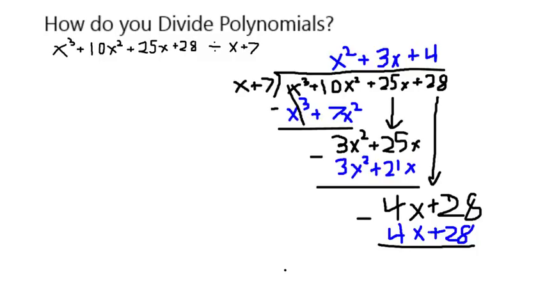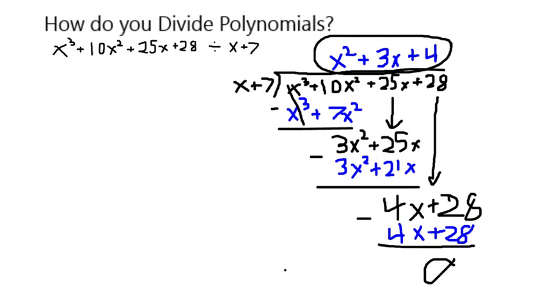So now when I subtract, 4x minus 4x is 0, 28 minus 28 is 0, I'm left with a remainder of 0, and what I have in blue up here is my quotient.